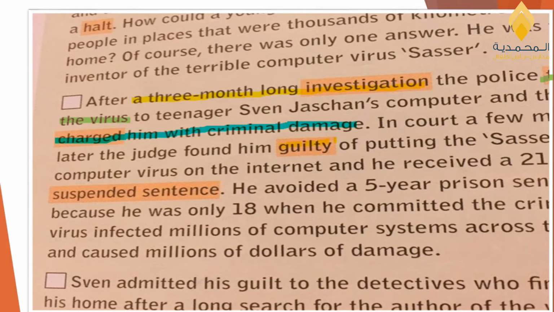What do we mean by the word guilty? To be responsible for doing something bad or illegal.